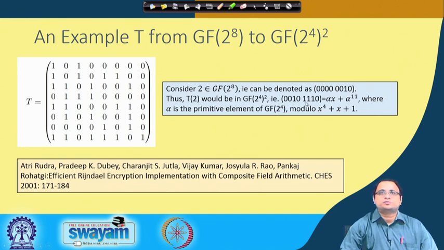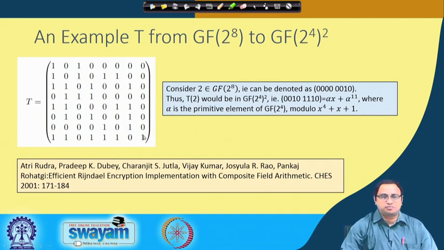Likewise, this value 1 1 1 0: I leave it as an exercise to verify that if you take alpha, raise it to the power of 11 and do a modulo x^4 + x + 1, which is an irreducible polynomial in GF(2^4), then you will get alpha^11. And alpha^11 stands for this vector in GF(2^4), that is x^3 + x^2 + x. So you should get that value. In a compact way, you can denote them as alpha x + alpha^11.